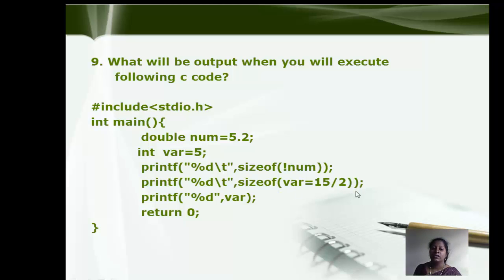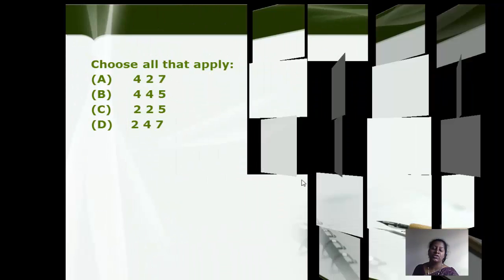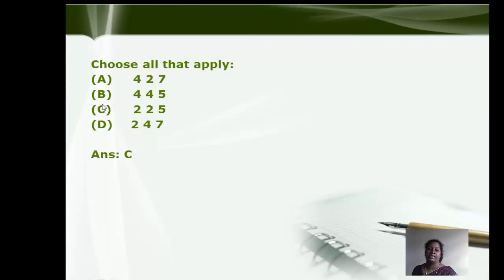So when I print the value of var, I'll be printing only its initial value, which is 5. So this is the reason why I get option C as the right answer. So we shall move on to the next question.